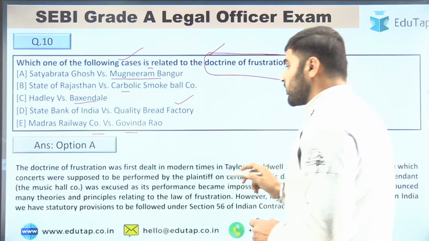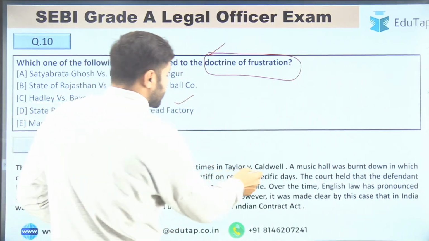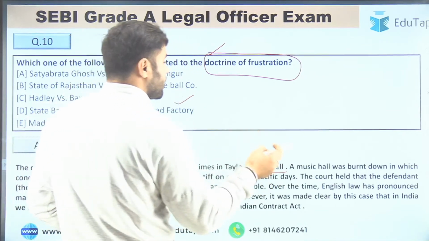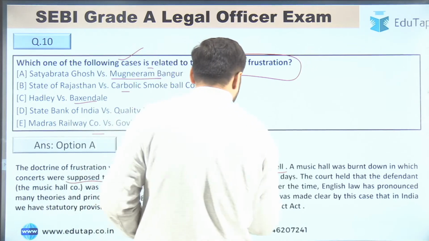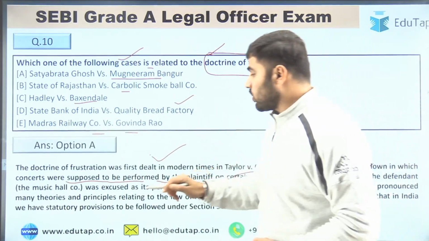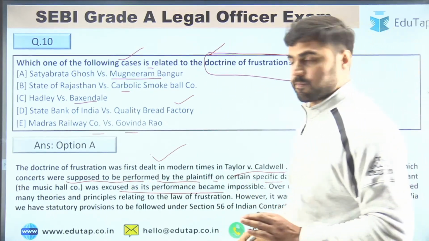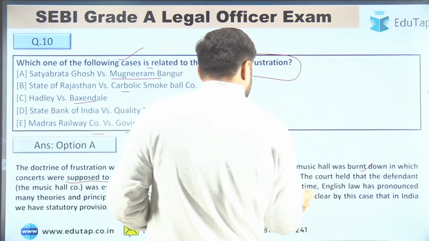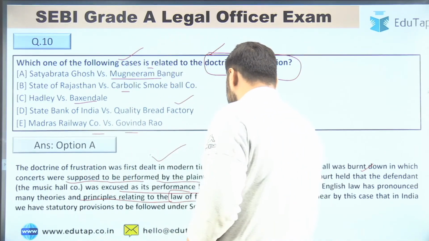So guys, the doctrine of frustration was first dealt with in modern times in Taylor versus Caldwell. A music hall was burned down in which concerts were supposed to be performed by the plaintiff on certain specific days. The court held that the defendant, the music hall company, was excused as its performance became impossible. Over time, English law has pronounced many theories and principles relating to the law of frustration.